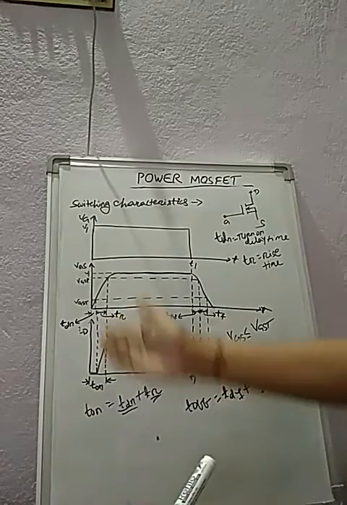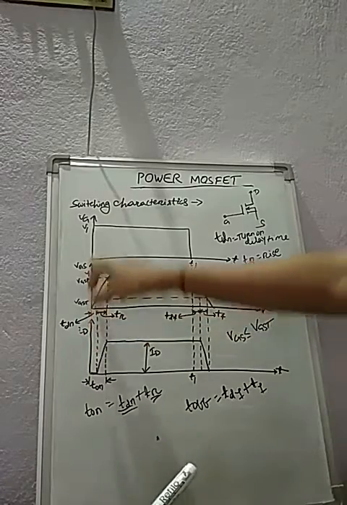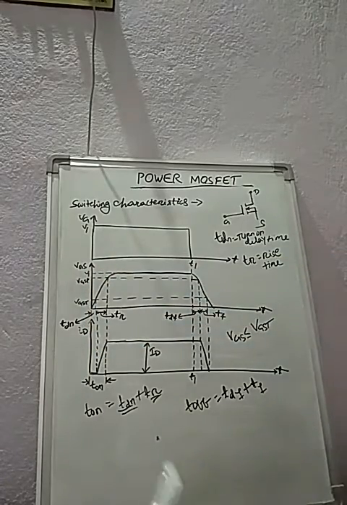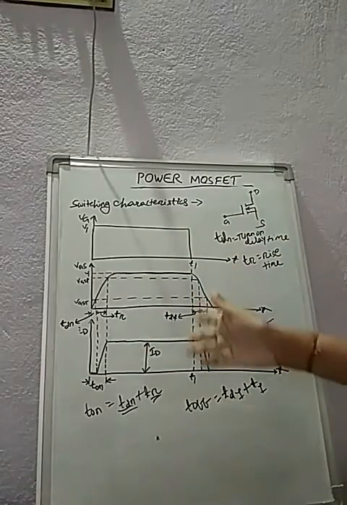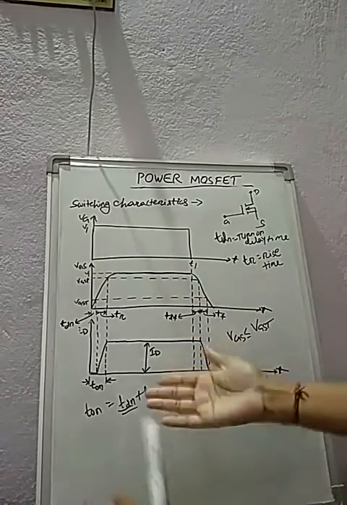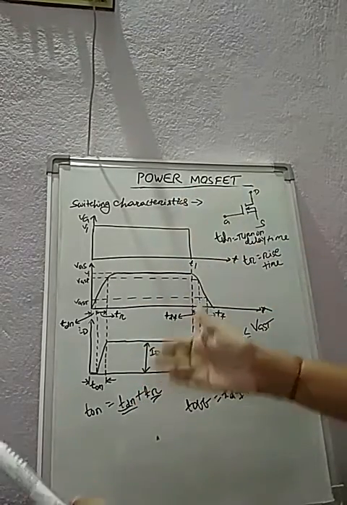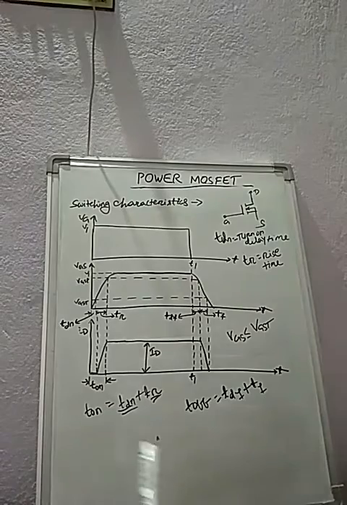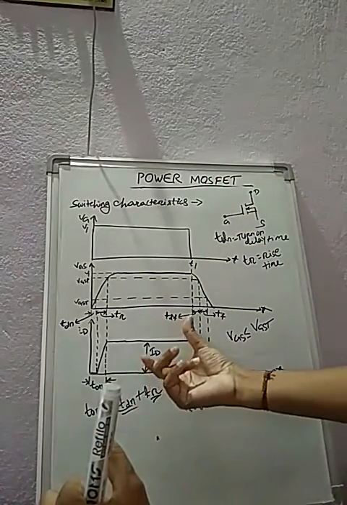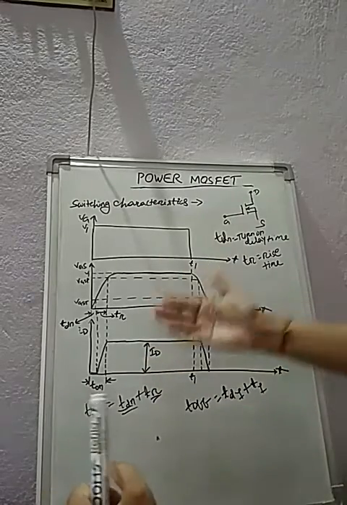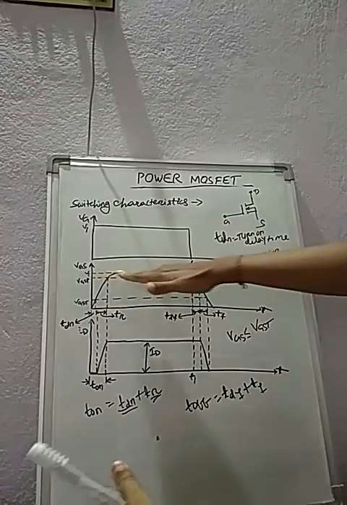See, we want to turn on the device, so we apply gate voltage in the gate drive circuit. Once the gate voltage is applied, the device is still not turned on instantly, it will take some time due to the presence of internal capacitance. During that time, the internal capacitance is charged up to this level.